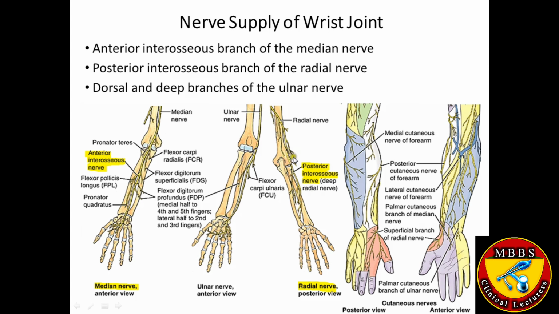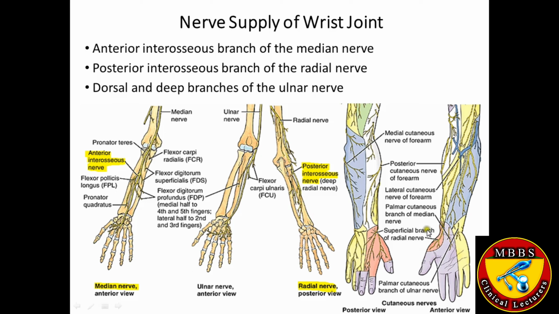It comes here when it crosses the elbow joint and goes towards the back, and then again reaches up to the wrist, and the posterior interosseous nerve is also there. Apart from that, the dorsal and deep branches of the ulnar nerve also supply the wrist joint.